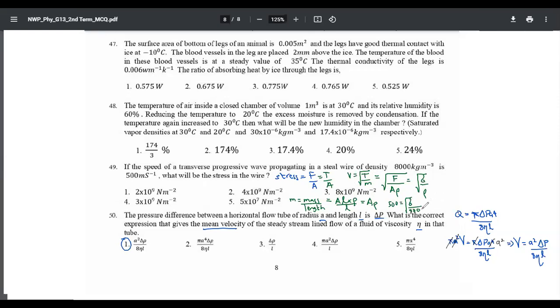So on either side you can square it. When you square it, you'll get 25 into 10 to the power 4 equal to sigma over 8,000.